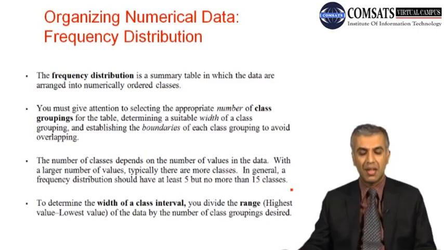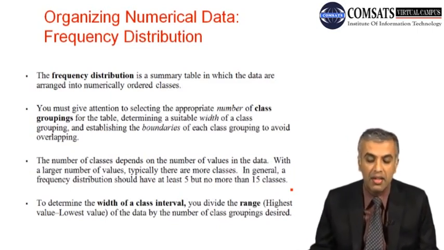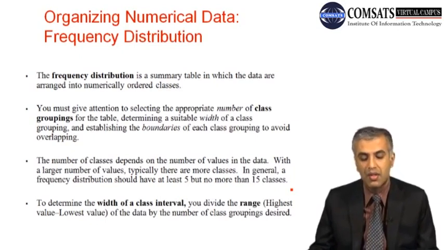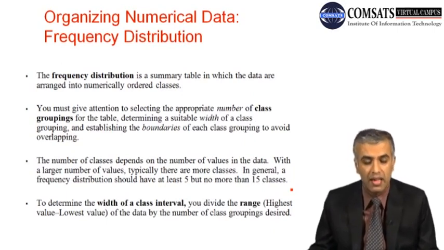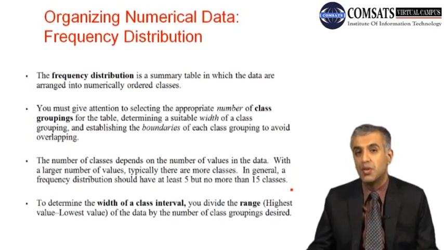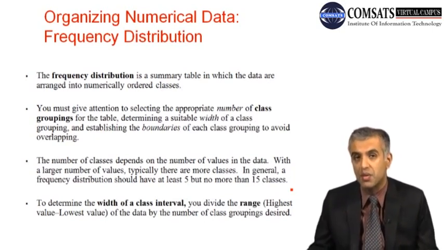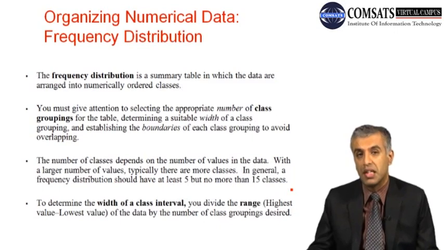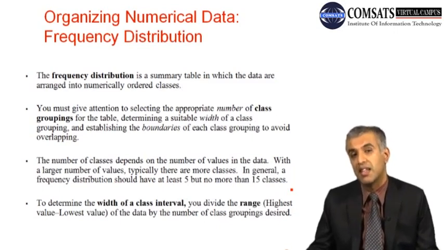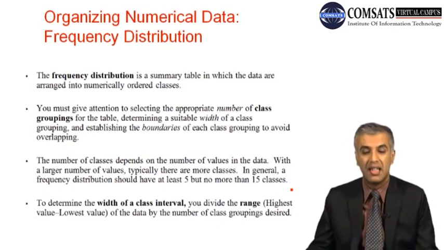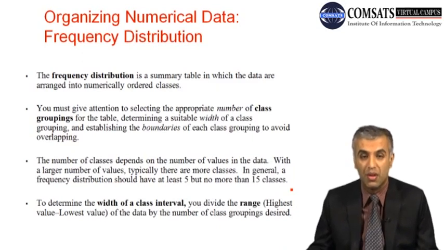So this is kind of a summary table, and again we are dealing with class groupings, and then we have got boundaries here as well, and again we have the terminology regarding number of classes and width of a class interval. Again, frequency distribution is one of the most common methods used and is the most effective way of displaying the nature of data and the trend of the data, and its display basically gives us some very vital information which other graphical methods do not.